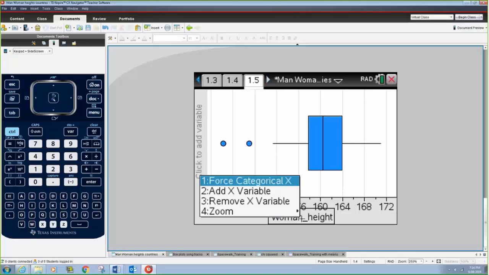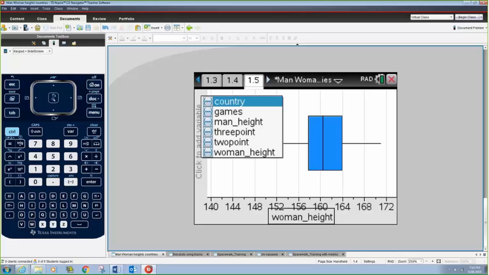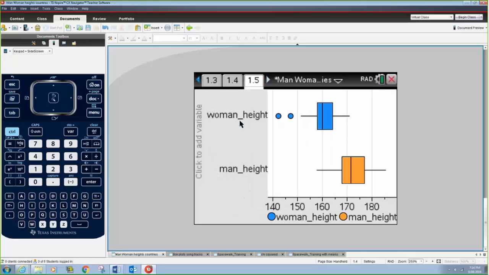Whatever we do on the computer with the right click is control menu, and that allows us to put another variable. So now I have women height and men height, and in this way I can see two box plots and identify the numbers which are the outliers clearly for women height, and then students go to the list and see what happens there.